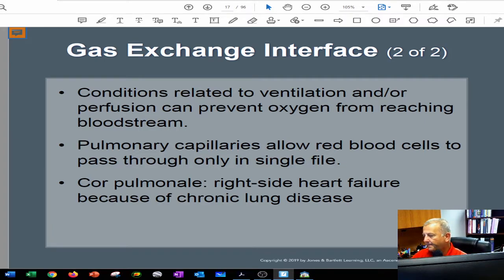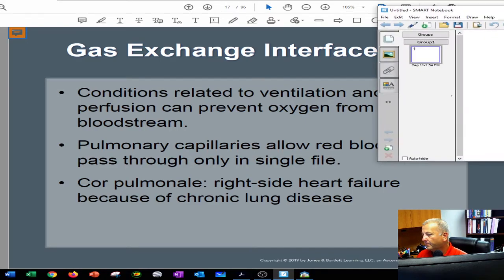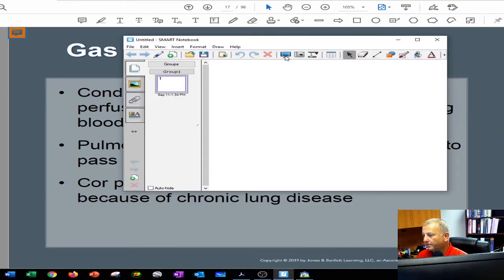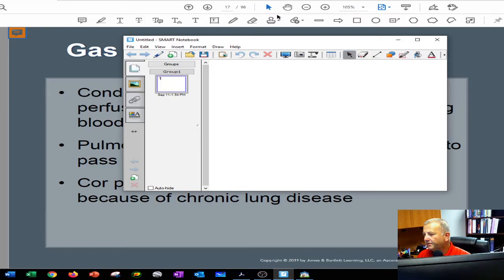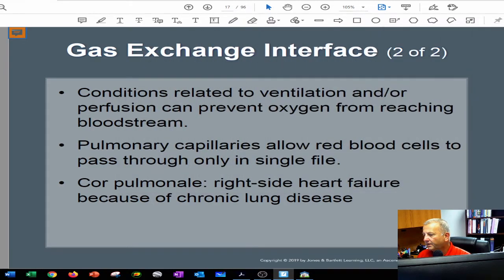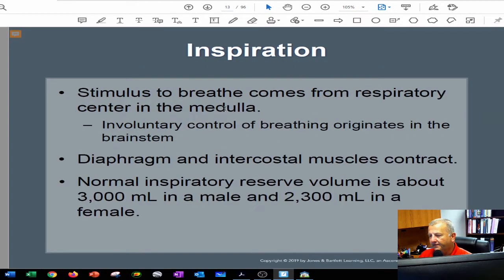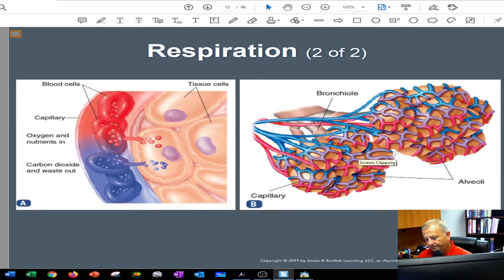Sorry about that. Actually, you know what? Before I do that, let me do this. Let's flip back a couple slides and look at an alveoli right here.